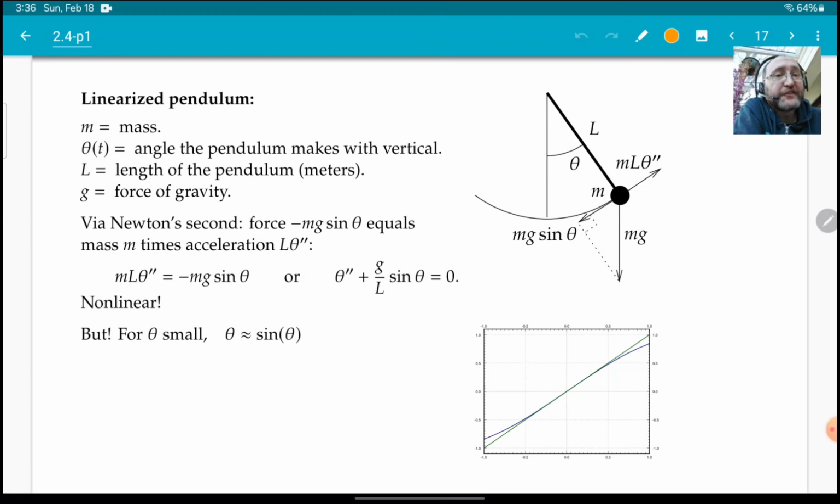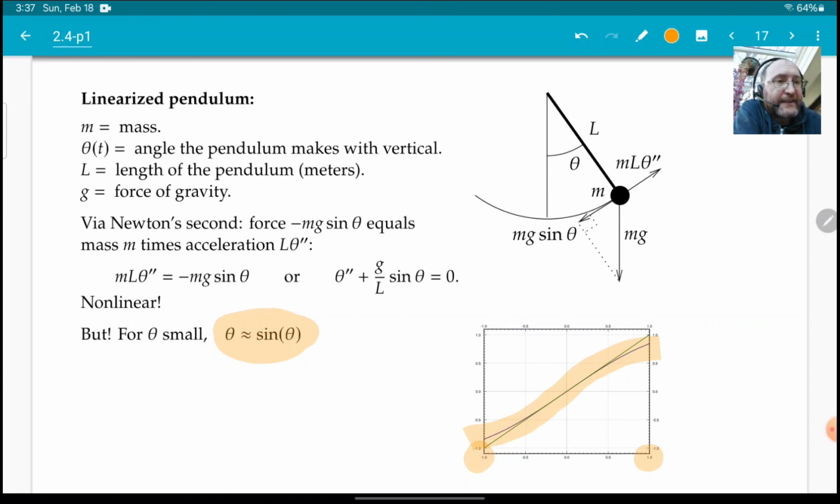But for small theta, we get that theta is really the same as sine of theta. If I graph both, this is a graph from -1 to 1. You can see the slightly curvy blue line, that's sine, and I'm only looking near 0.